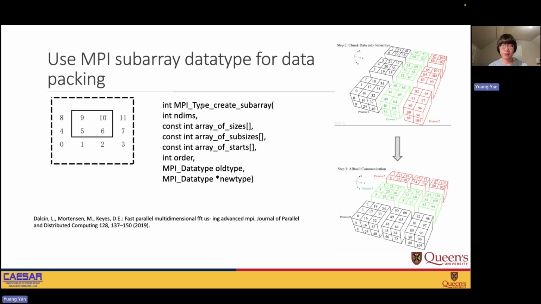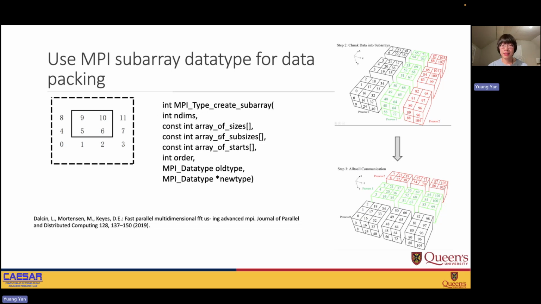The arguments of the function are listed as follows: number of dimensions and array of sizes. This argument is the global array size we are given. For example, we have a 3 times 4 2D array, so the parameters are 3 and 4, and the number of dimensions will be 2.